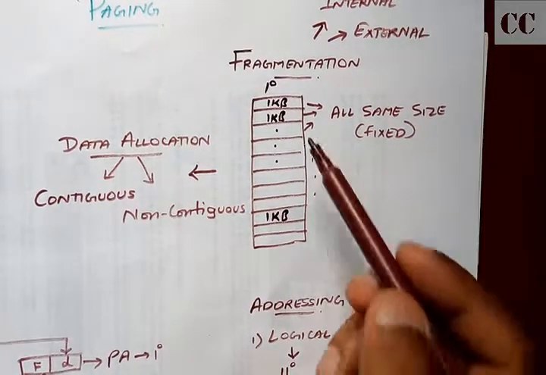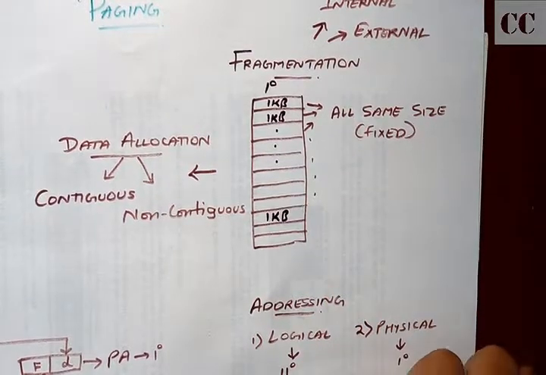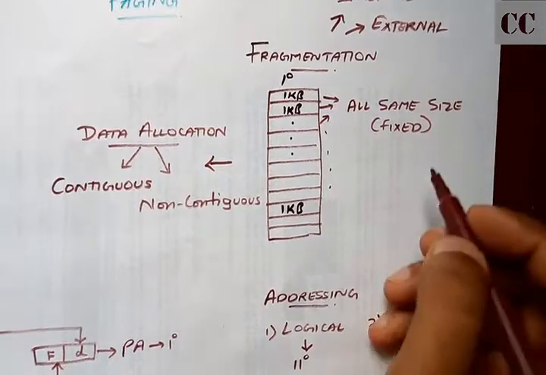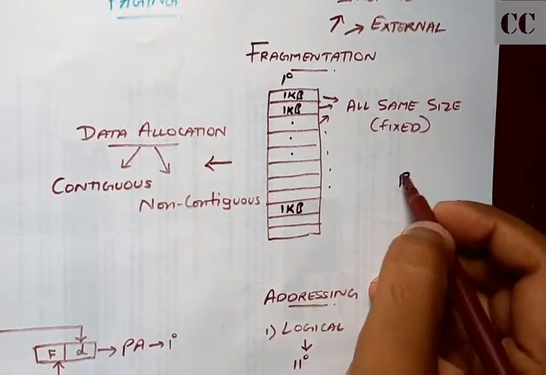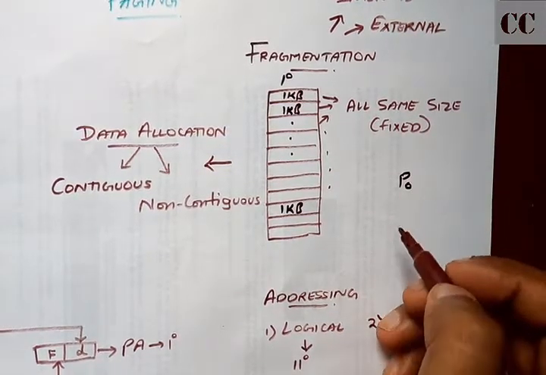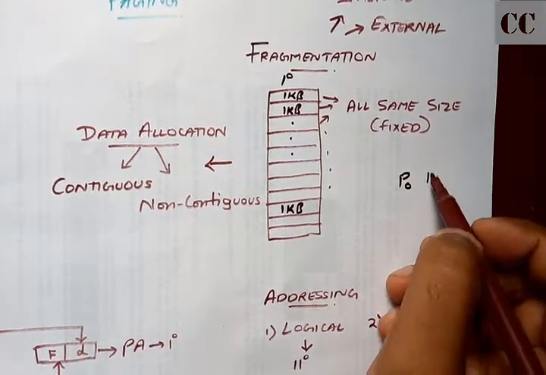All these partitions are equal in size, and whenever there is a program to be executed, the program in execution is called a process. Let's say we have a program called P0 in our secondary storage.